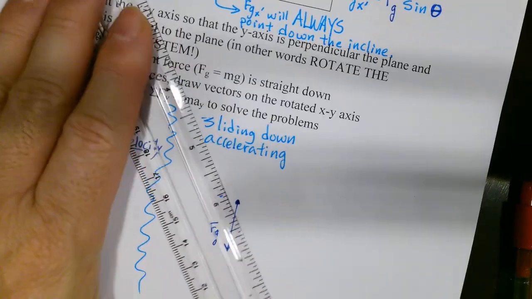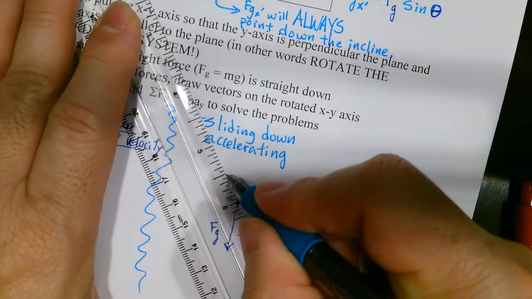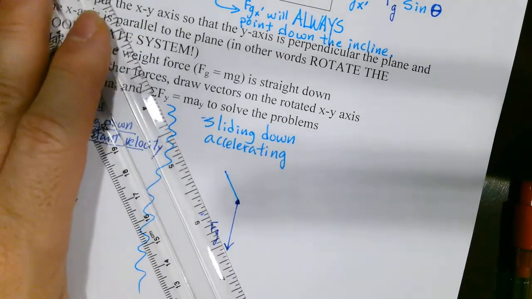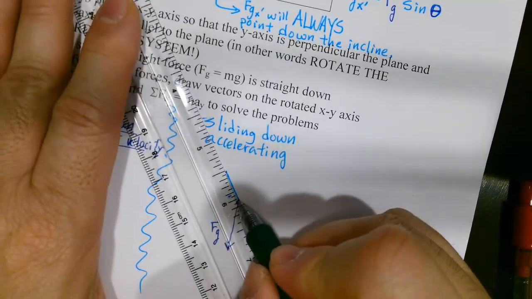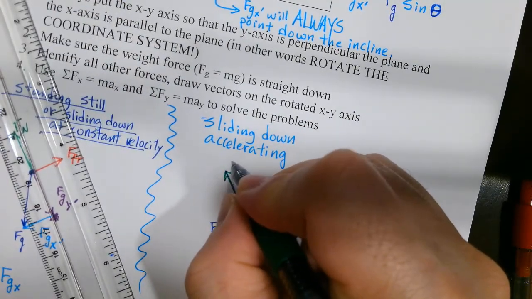And then you have F normal going this way. Oh, crap, wrong color. So here's your F normal. Right?